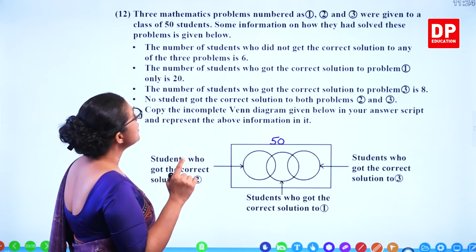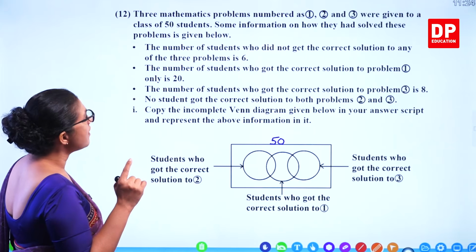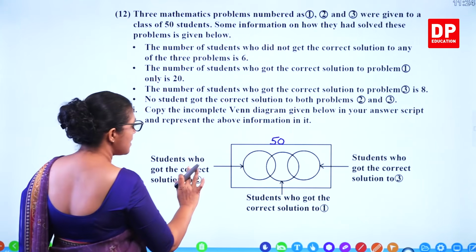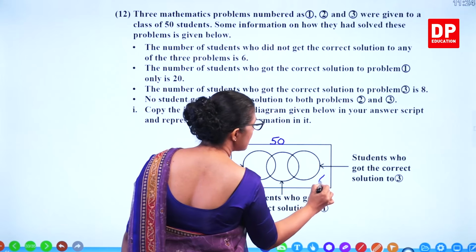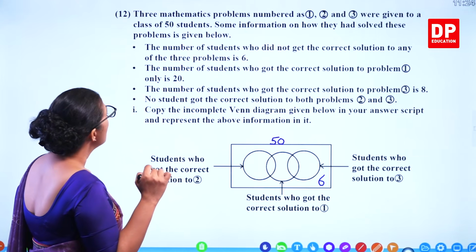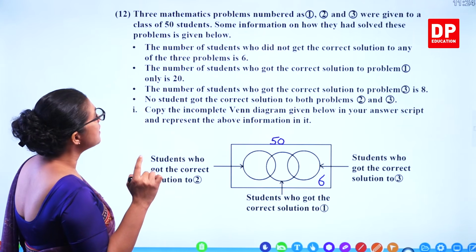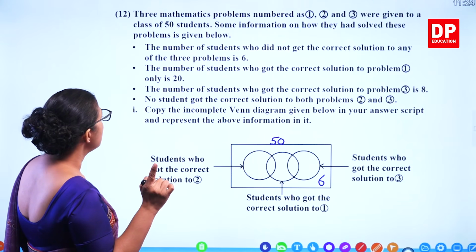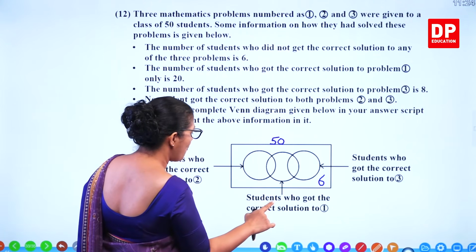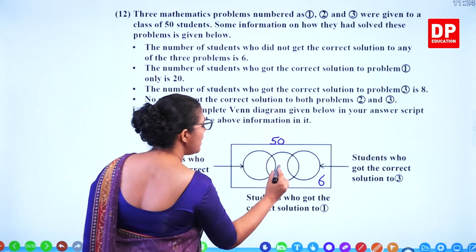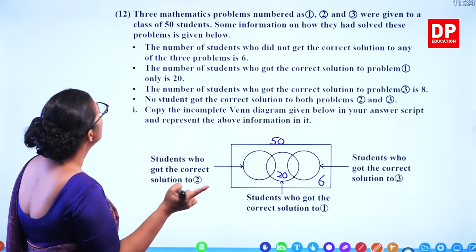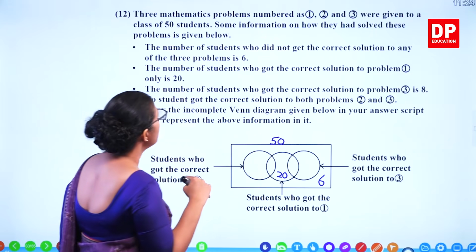The number of students who did not get the correct solution to any of the 3 problems is 6. That means outside the 3 circles, that's 6. The number of students who got the correct solution to problem 1 only is 20. Problem 1, this circle only means 20 inside, not with the common region for the other 2.